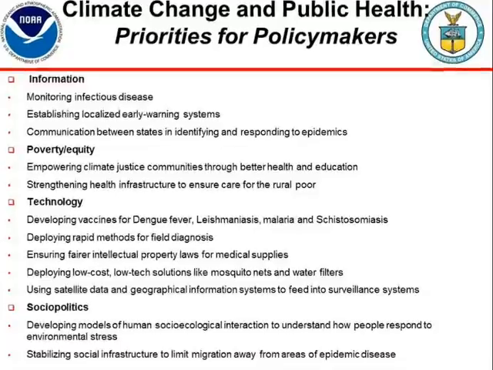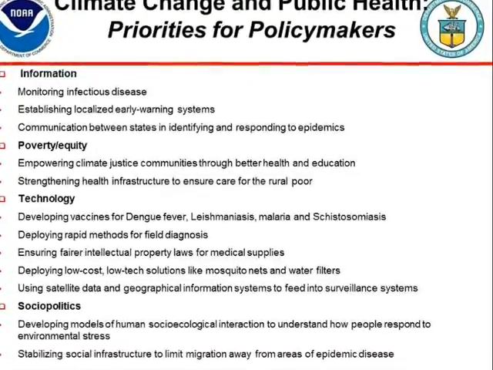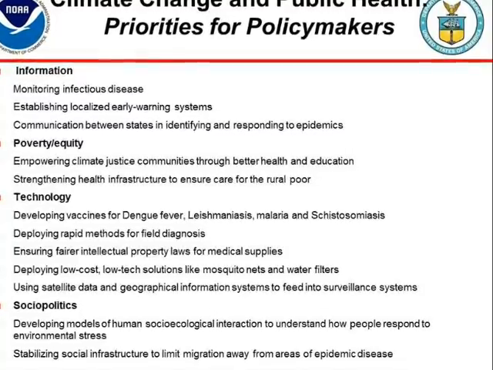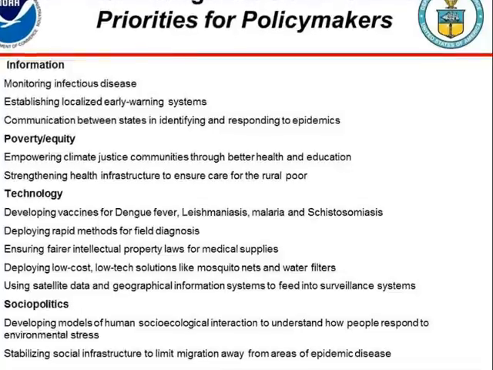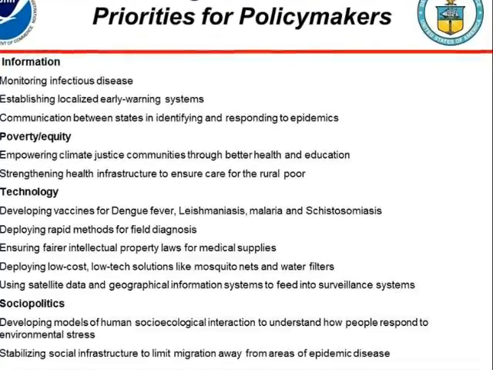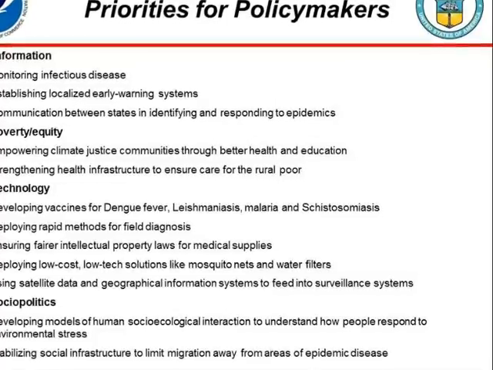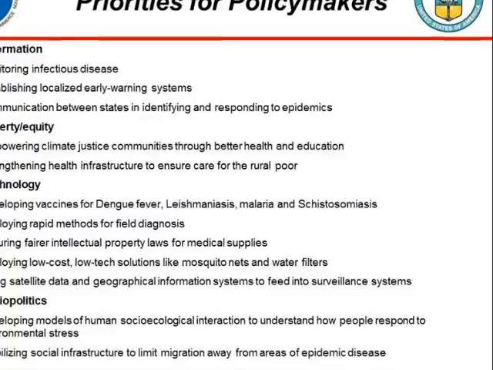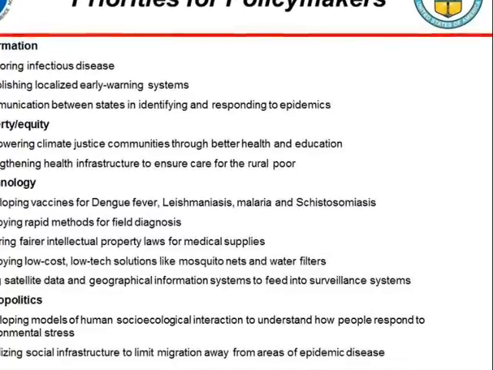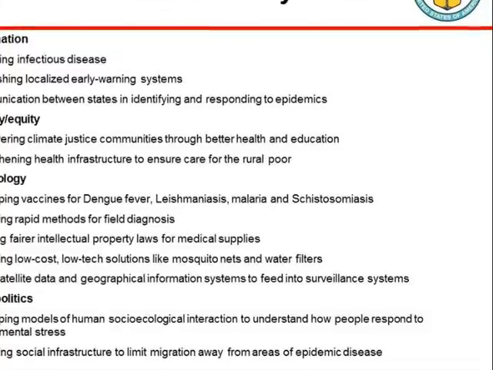This slide outlines a number of climate change and public health priorities for policymakers. I'm not going to read all of those. I think you can see these, but we certainly have the opportunities to engage the public and engage government at all levels so that we can make meaningful impacts in being prepared and having a climate-ready nation.